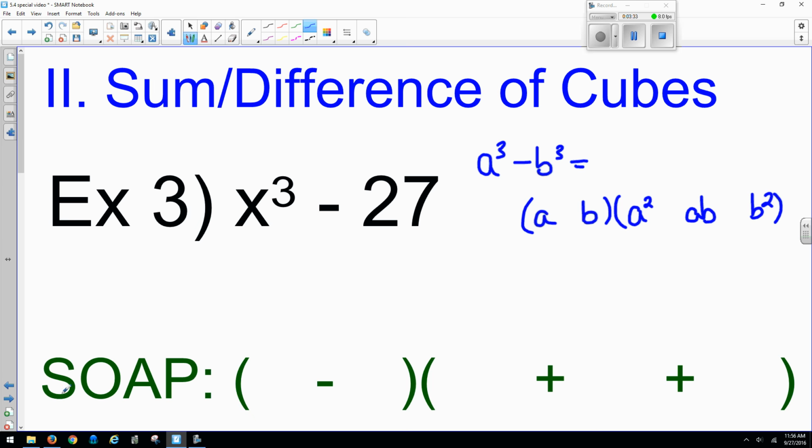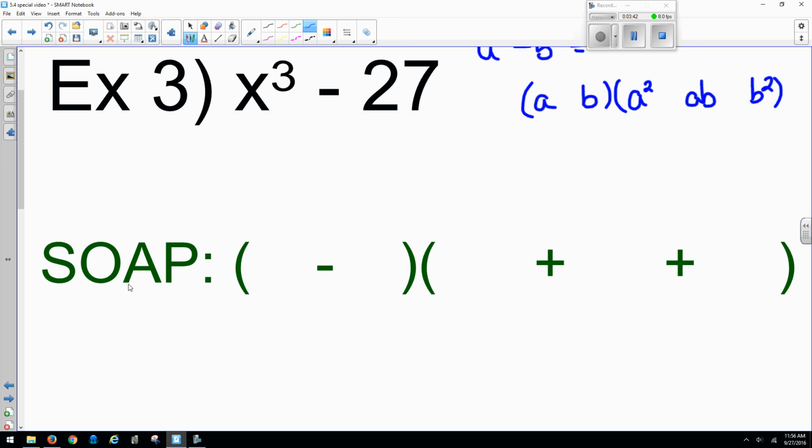And then if you can see down here, we're going to follow this rule of SOAP. And SOAP stands for same, opposite, always positive. And that just tells us how to fill in the signs.